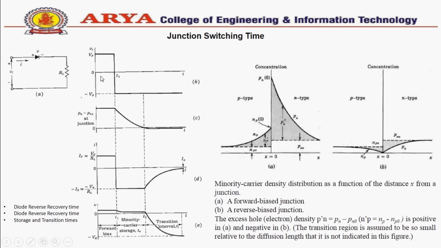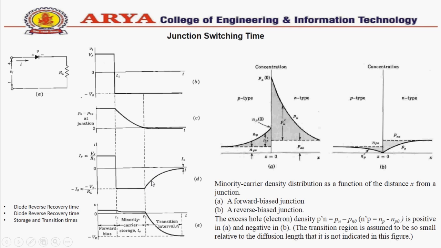At time t equal to t1, the input voltage reverses abruptly to the value V equal to minus Vr. For the reason described above, the current does not drop to 0 but instead reverses and remains at the value I equal to minus Vr upon RL, until the time t equal to t2, when the minority carrier density Pn at x equal to 0 has reached its equilibrium value Pn0.